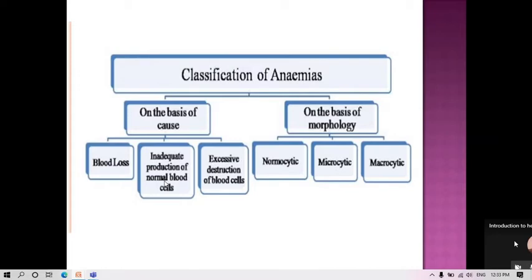Or if there is excessive destruction of blood cells, that will also lead to anemia. On the basis of morphology of red blood cells, it can be normocytic, that is normal, equal to the normal RBC size. It can be microcytic, that is smaller in size, and macrocytic is bigger in size than the normal RBCs.